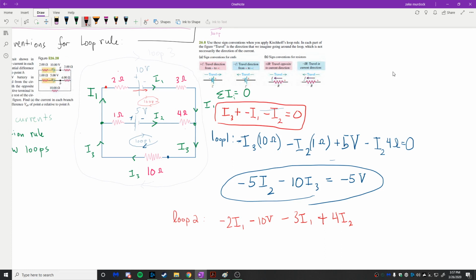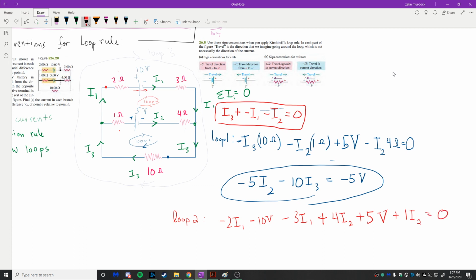Now the loop is this way, the current is this way, but the current direction doesn't matter for the battery. And so we end up getting plus 5 volts here. And we still have one less thing right here, which is this 1 ohm resistor. And that 1 ohm resistor is going to be also plus 1I2.